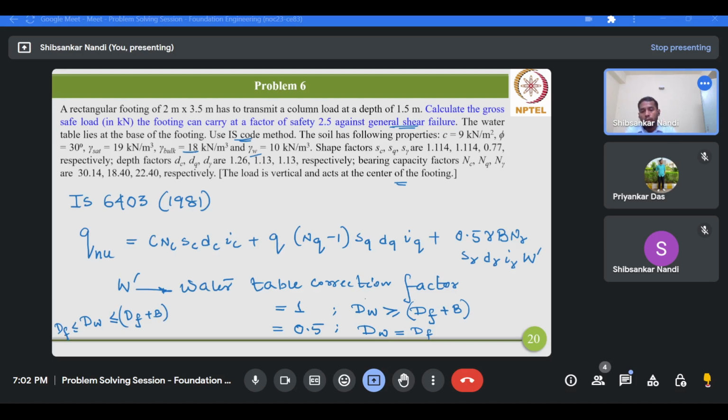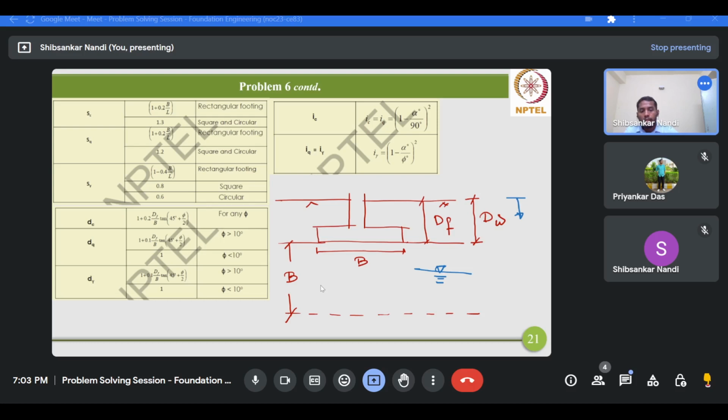So for calculating W prime, you linearly interpolate between 1 and 0.5. Now this is not the scenario for the present problem, since the water table is located at the foundation level itself. And for calculating q, this q would be the effective overburden.